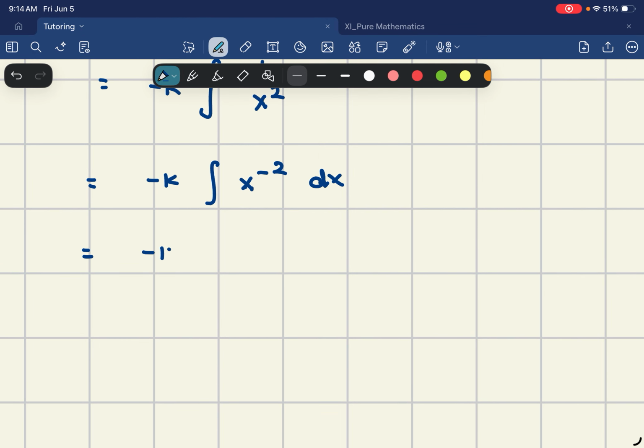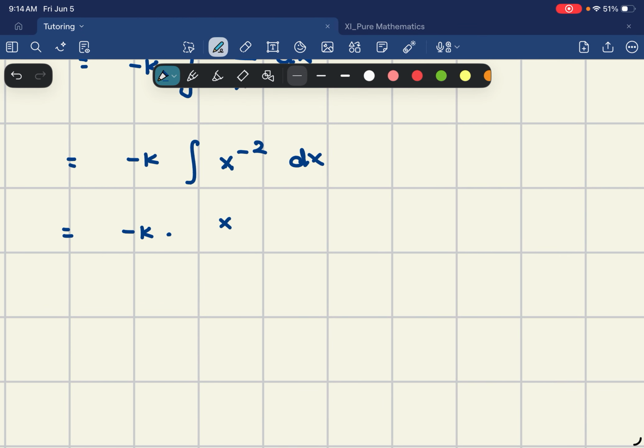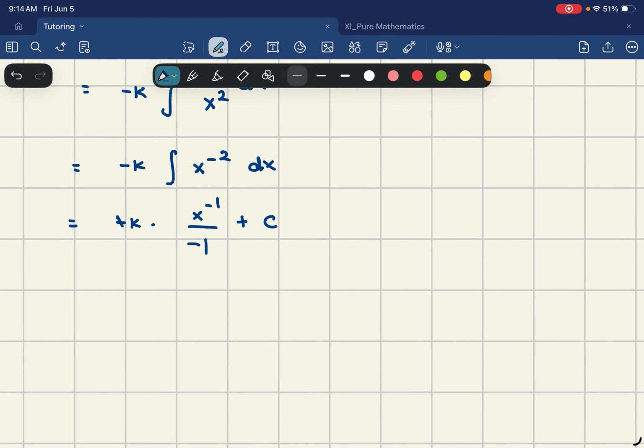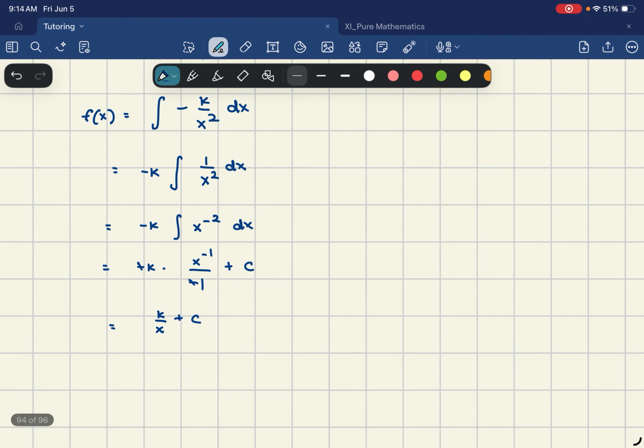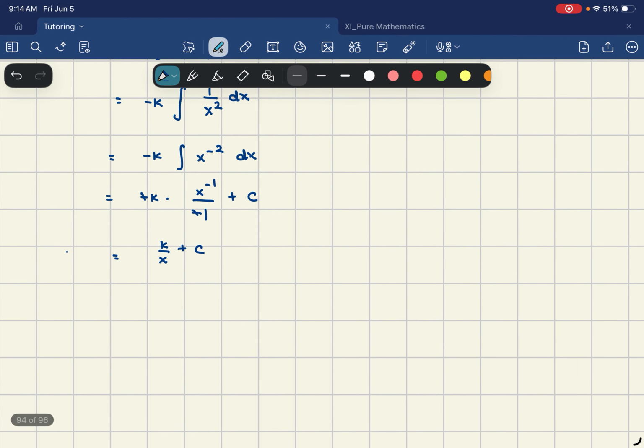If you integrate it, you get x to the power negative 1: you increase the power by 1, divide by your new power, and add your constant of integration. The negative signs cancel out and you get k over x plus c. That is the curve that you have for now.